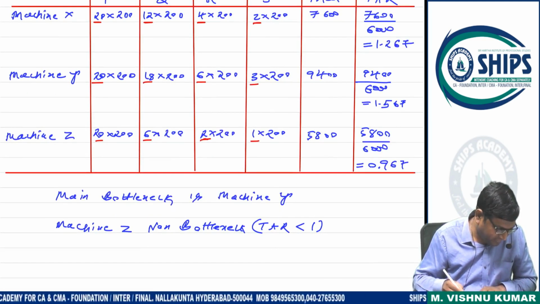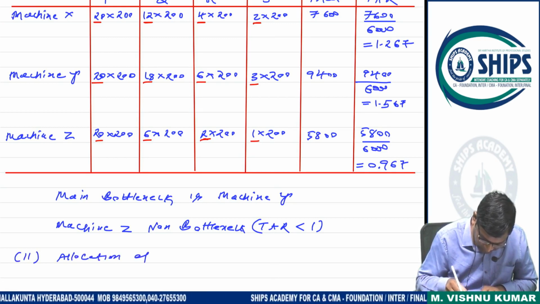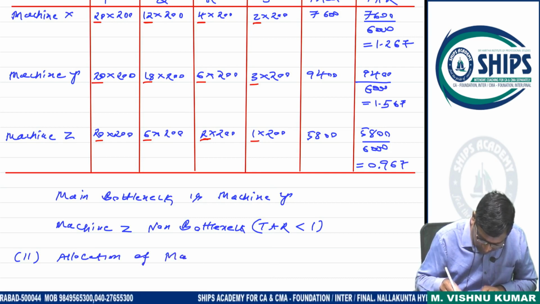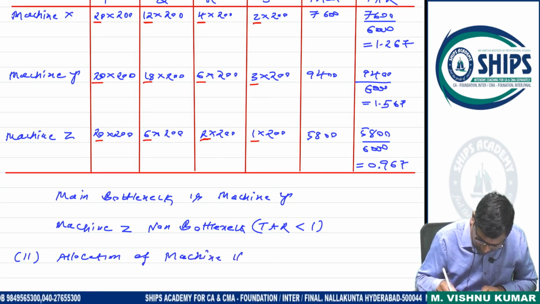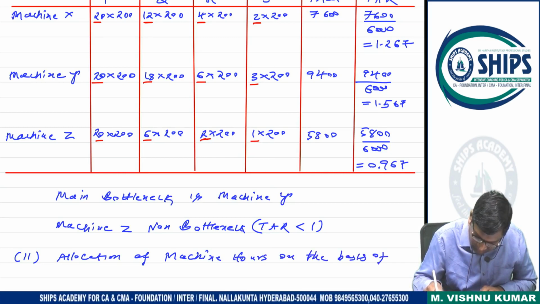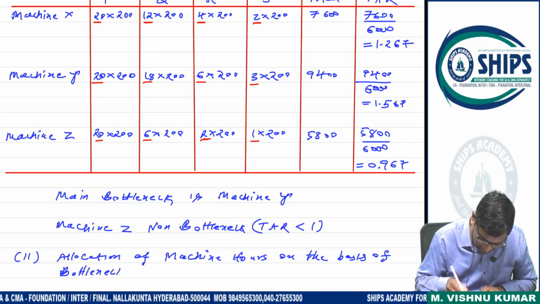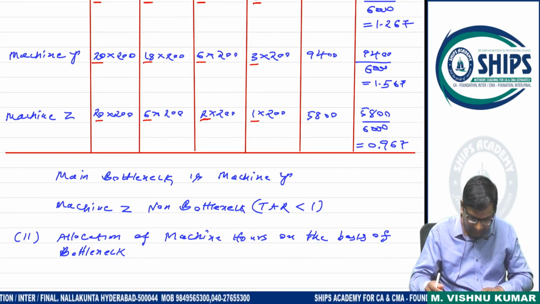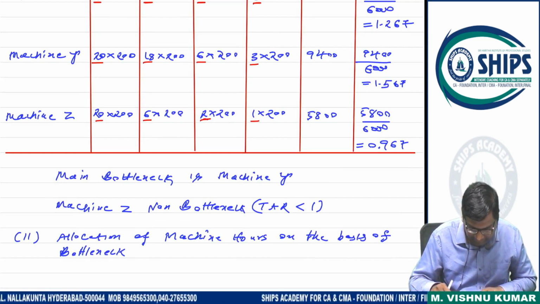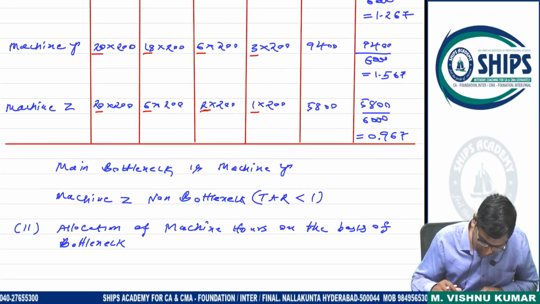Now second is what? Allocation of machine hours on the basis of bottleneck. So allocation of machine hours on the basis of bottleneck.